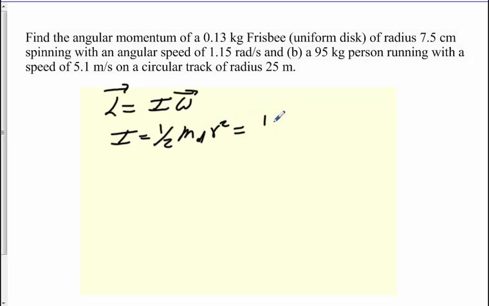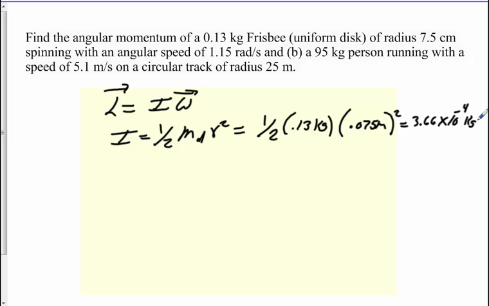That's going to give me 1/2 times the mass of 0.13 kilograms times the radius, 7.5 centimeters, so that's 0.075 meters squared. I will run that value, and that will give me 3.66 times 10 to the minus 4th kilograms meters squared. Okay, that's my moment of inertia.